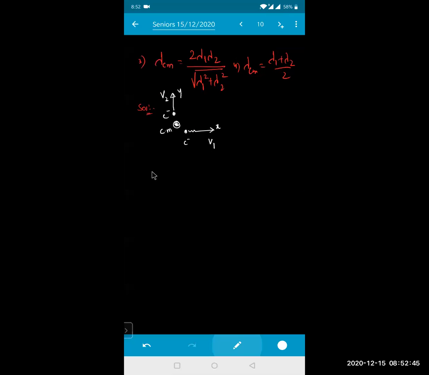So v1 vector is equal to v1 into i cap. v1 will be h by m lambda 1 into i cap, because lambda is equal to h by m v, so v is equal to h by m lambda. Similarly, v2 vector is equal to v2 into j cap, which is h by m lambda 2 into j cap.